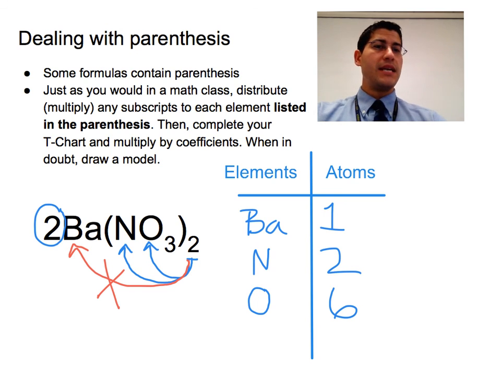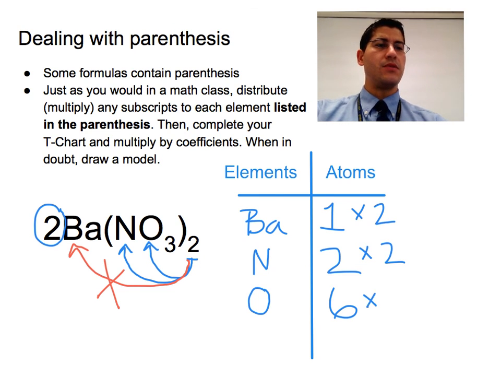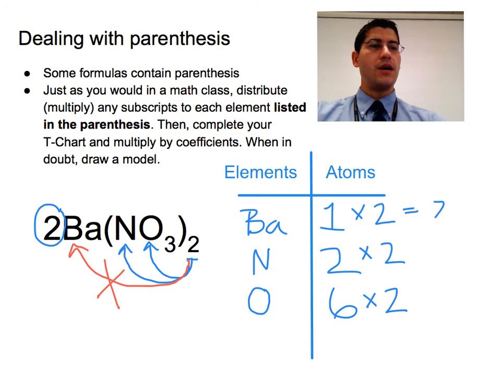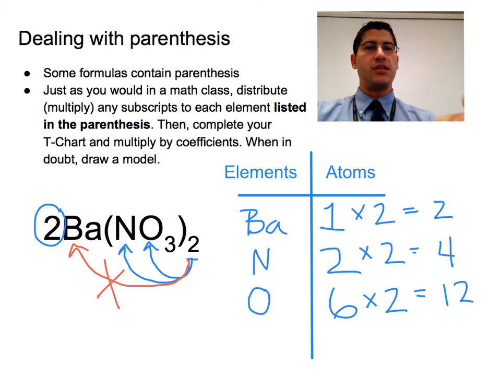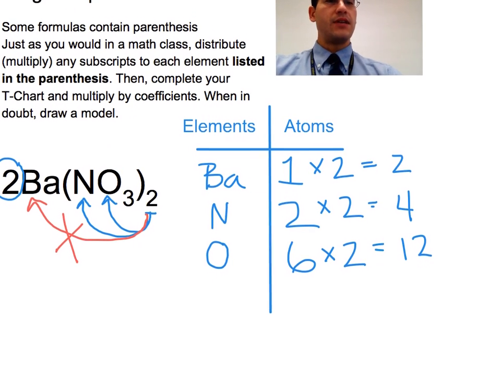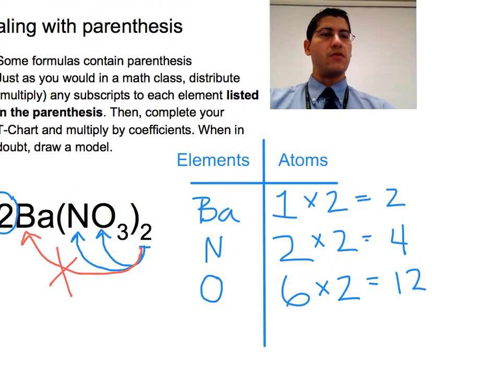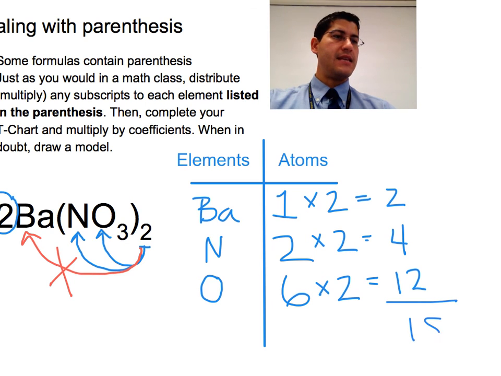So we need to take our final count and multiply it by 2, because all of the atoms are doubled since we're dealing with 2 molecules. That gives us a total of 2 barium atoms and 4 nitrogen atoms and 12 oxygen atoms. If we were counting all of the atoms in this chemical formula, that would give us a grand total of 18 atoms.